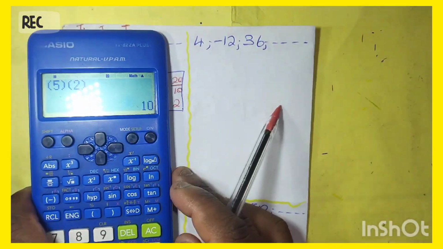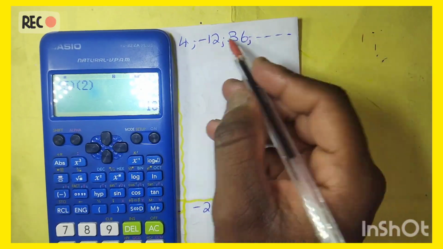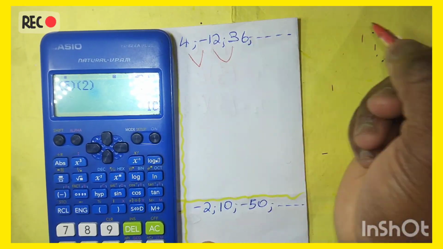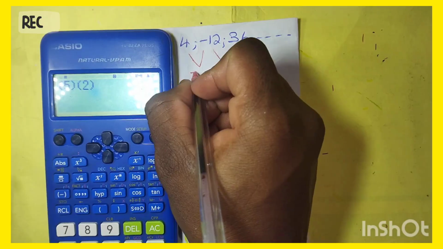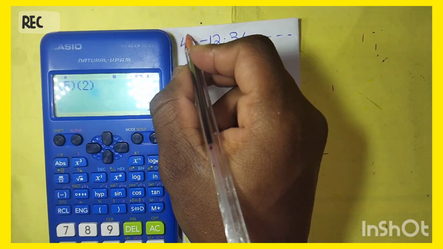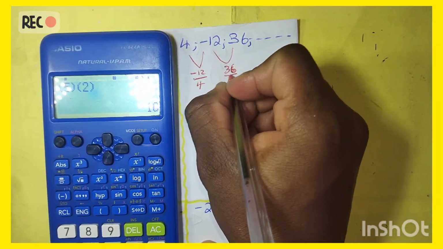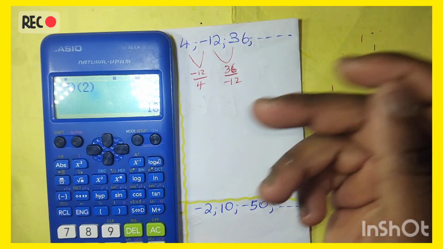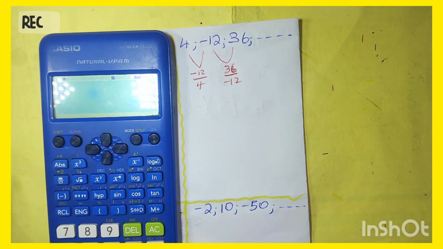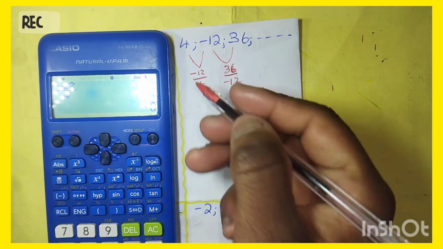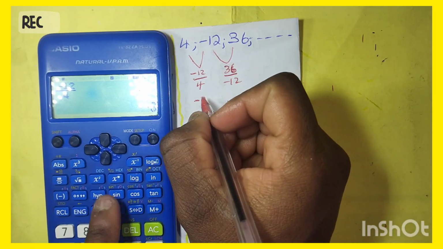Going to the next question, it's straightforward. You start by finding the r value, which is right divided by left. Let me press my calculator, dividing this by this, and I'll get -3 here.